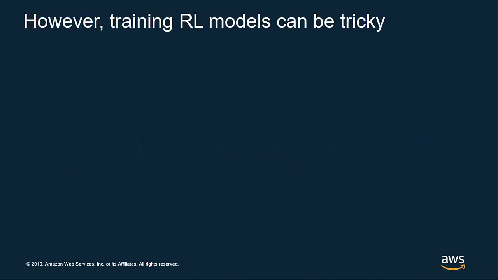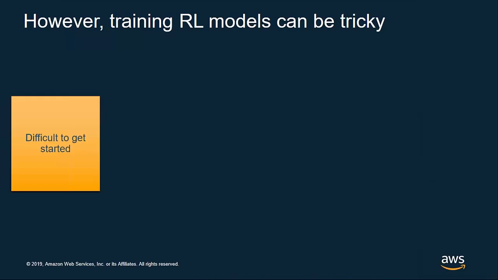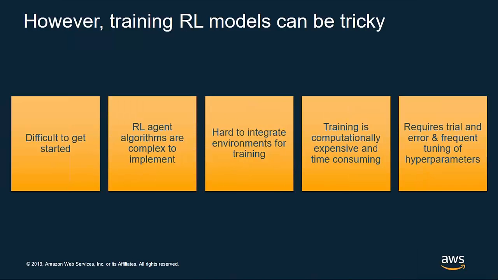But what we found from talking to customers was that training RL models is tricky because there are some key challenges with running RL workloads. First, it's difficult to get started, and these RL agent algorithms are complex and less known than some of the other supervised and unsupervised learning algorithms.